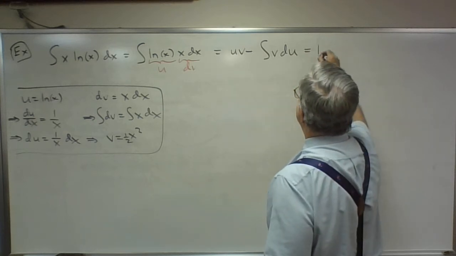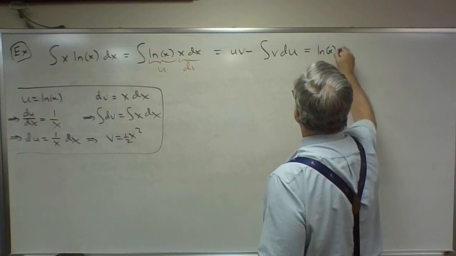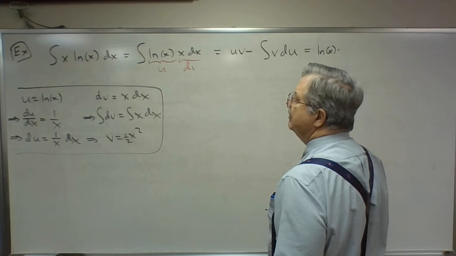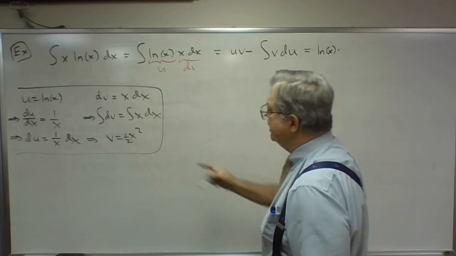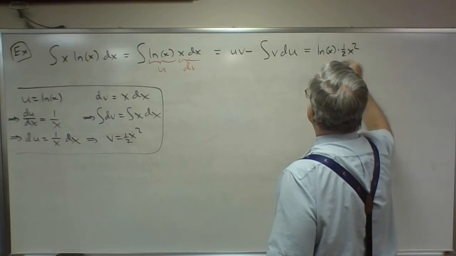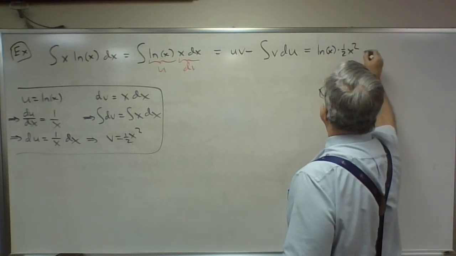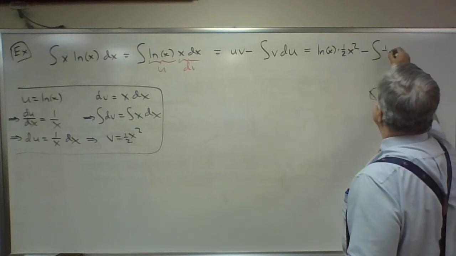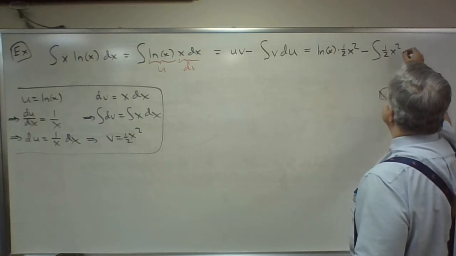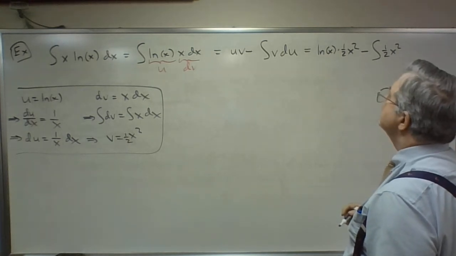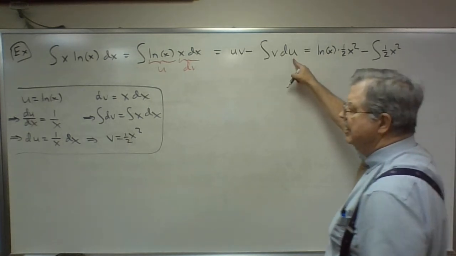U is natural log of x. uv. V is 1/2 x squared. So uv minus the integral of v, 1/2 x squared, times du.